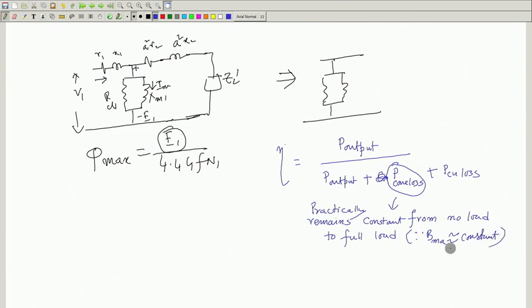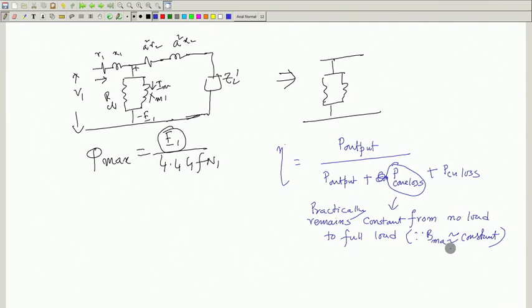Got the point. Therefore, here is a loss which will always take place within the transformer. If its primary is energized, no matter whether you have connected a load on the secondary side or not, P core will always be there.